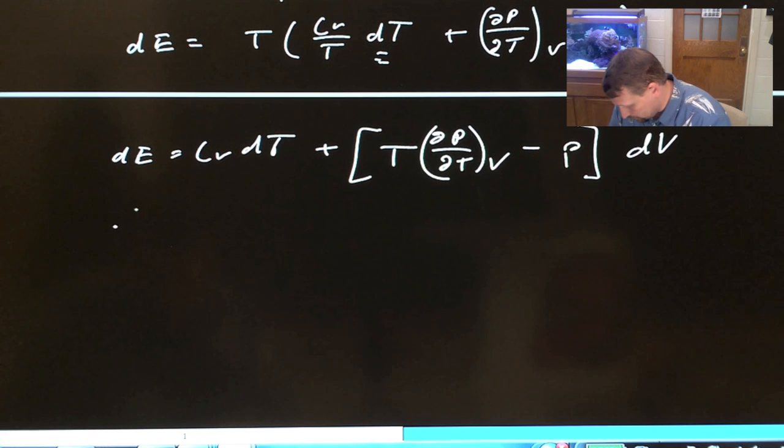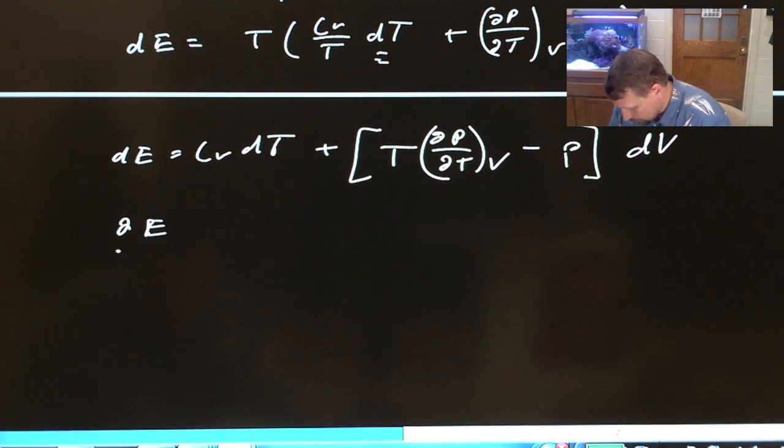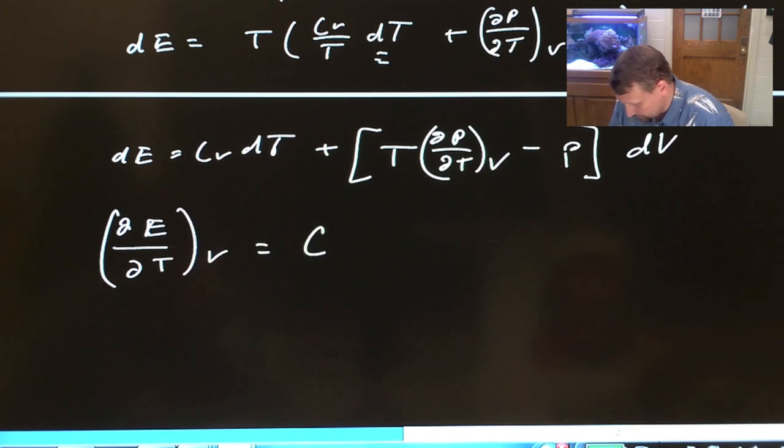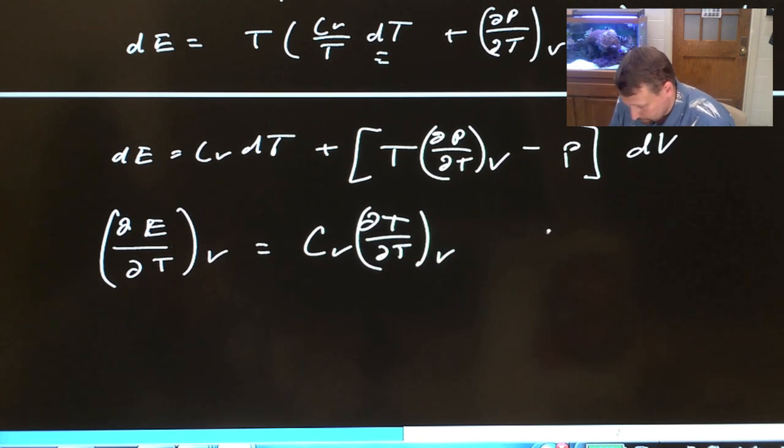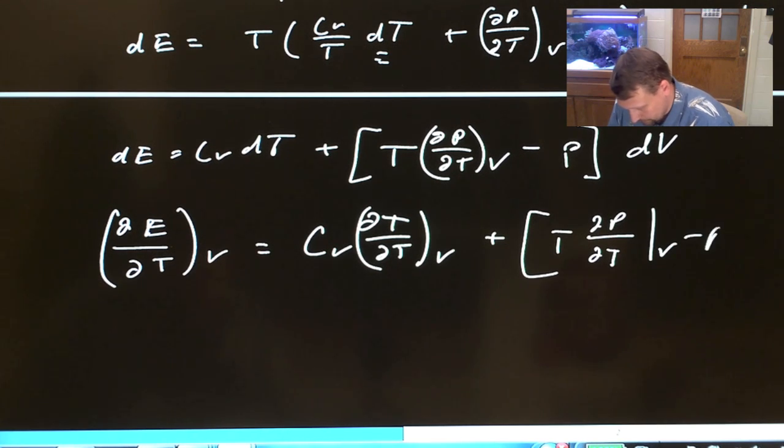Take the partial of both sides with respect to T: (∂E/∂T) at constant V equals Cv (∂T/∂T) at constant V plus this term here. I'm going to simplify it right away, skipping a few steps that you can easily fill in yourself: minus P times (∂V/∂T) at constant V.